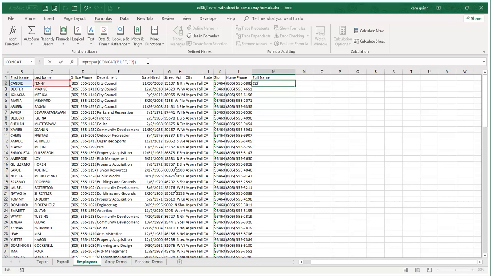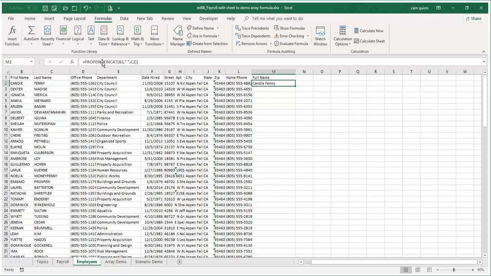The concatenate function is inside the first set of brackets, so it's going to evaluate that and come up with the words Candy Fenny, and then it's going to apply the proper function to the text that it has. As you can see, your end result is Candy space Fenny with upper and lower case. Just to recap, we did a concat function first to join the two strings together, and then outside of that we typed the proper function to change the inside values to proper notation.